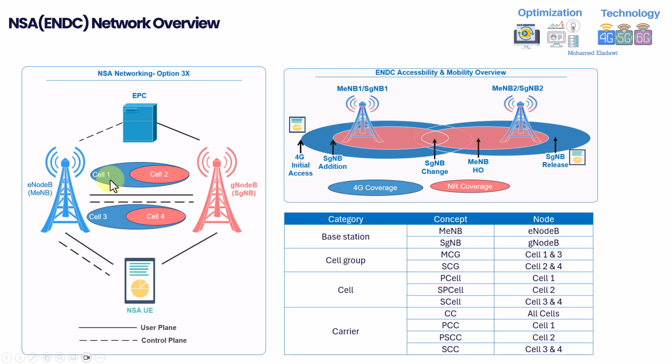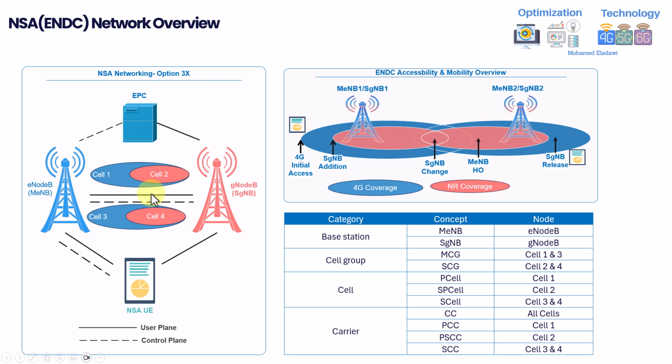Cell 1 we call the primary cell, as you can see here. And cell 2, for the secondary node, is the primary secondary cell. Usually in most networks, you'll have multiple carriers in 4G and maybe only one carrier in 5G.